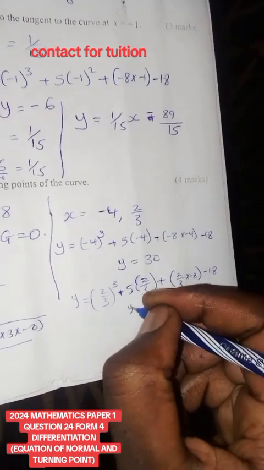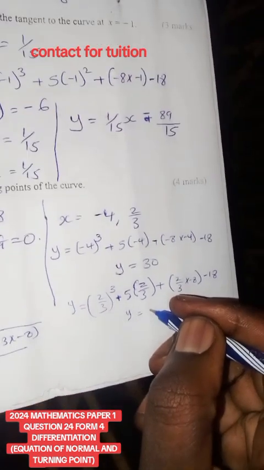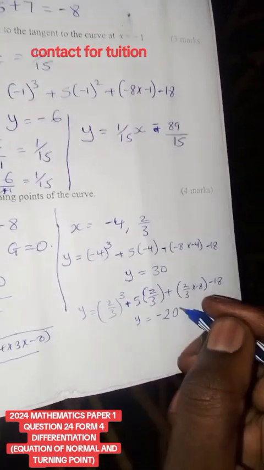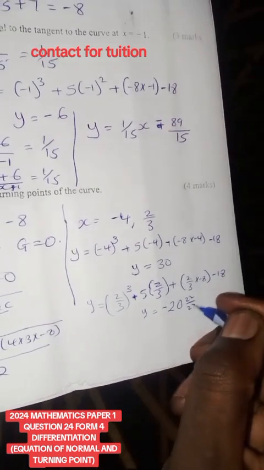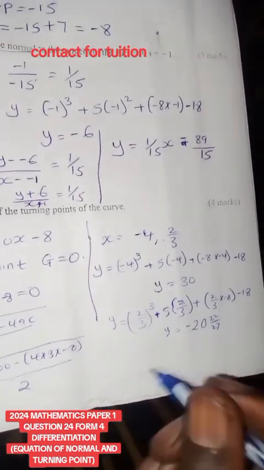Therefore, the value of y is going to be negative 20 22 over 27.